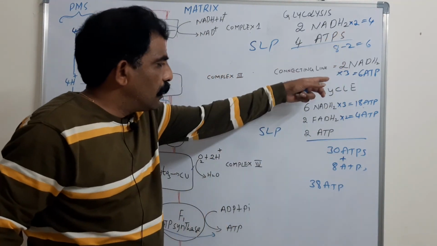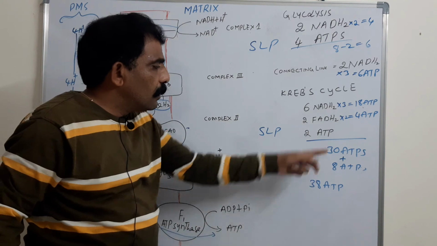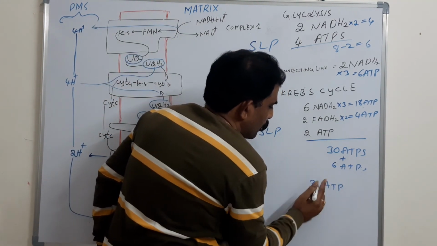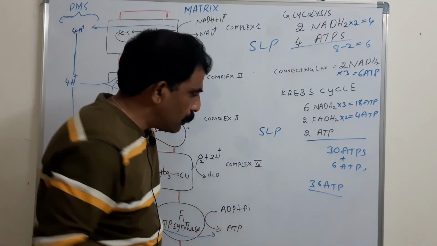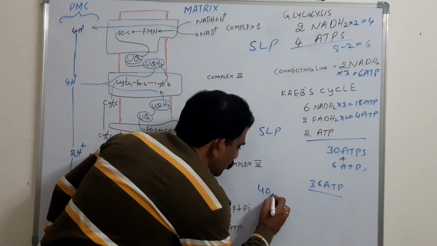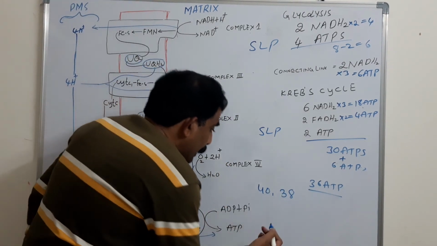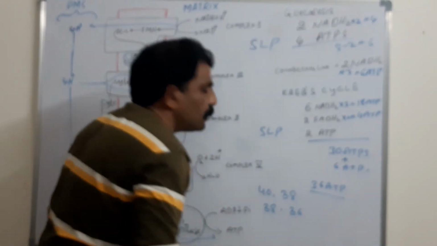Here the remaining is the same, 30 ATPs, and 30 plus 6 equals 36 ATPs. So the total is either 40 or 38, and the net gain is 38 or 36.